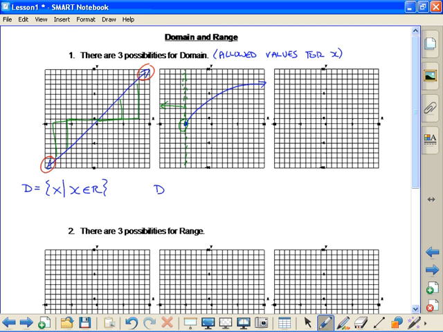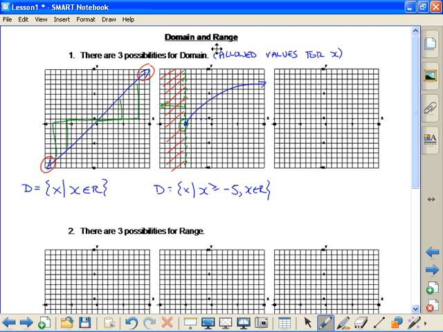So we would label it as the domain equals X such that all my X values are greater than or equal to, and if we assume this is the origin here, 1, 2, 3, 4, 5, so -5, X is an element of real. Okay, so it's saying that all my X values, there are a whole bunch of them, but none of them exist to the left of -5. So greater than or equal to -5.